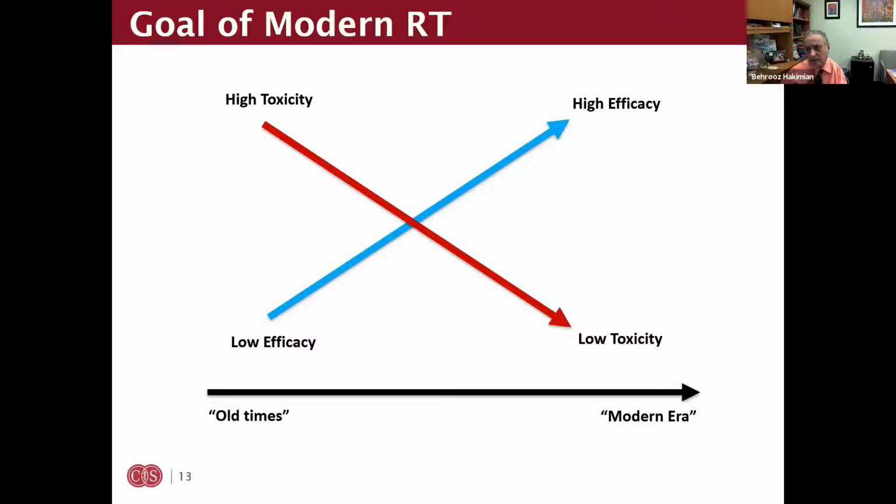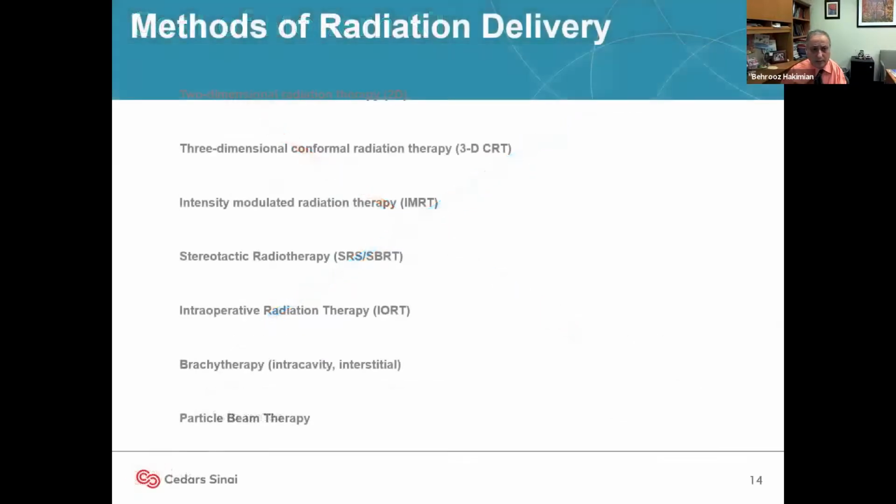The treatment that we are using right now is IMRT for most cases. Sometimes we actually use 3D conformal radiation treatment. So what are the methods of radiation treatment that we have? We talk about 2D, three-dimensional radiation therapy, intensity modulated radiation therapy, stereotactic radiosurgery, intraoperative radiation, brachytherapy, and particle beam therapy.